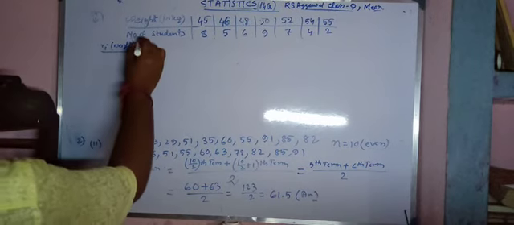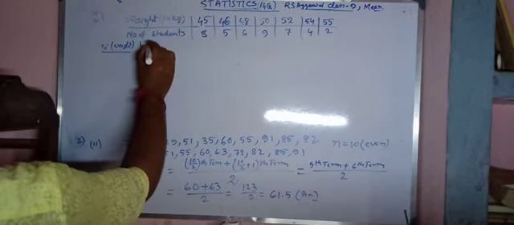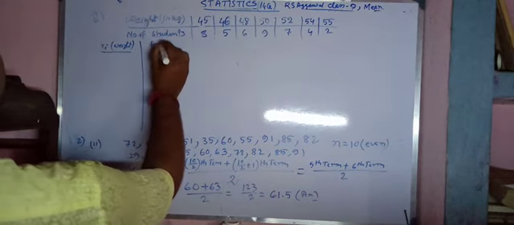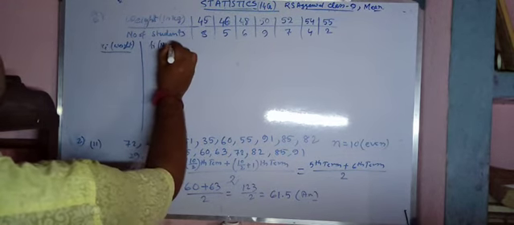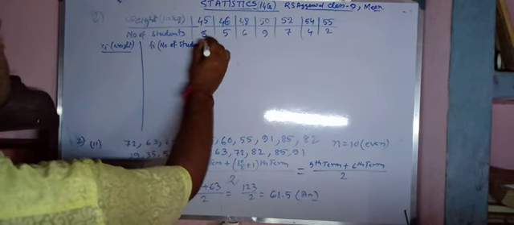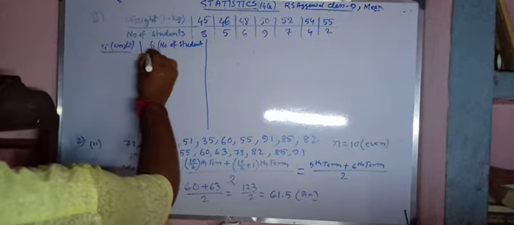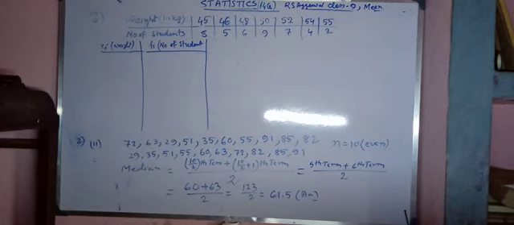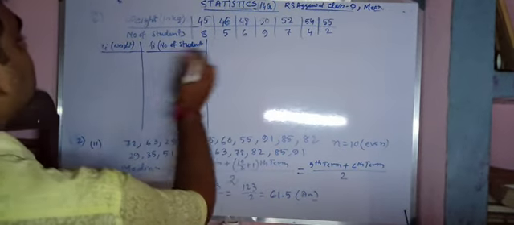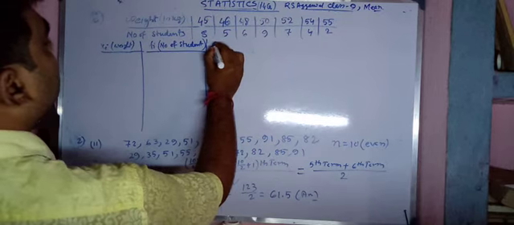Next, number of students, that is fi. Next, one more column we have to make for that, that is cumulative frequency. This is my frequency and cumulative frequency.